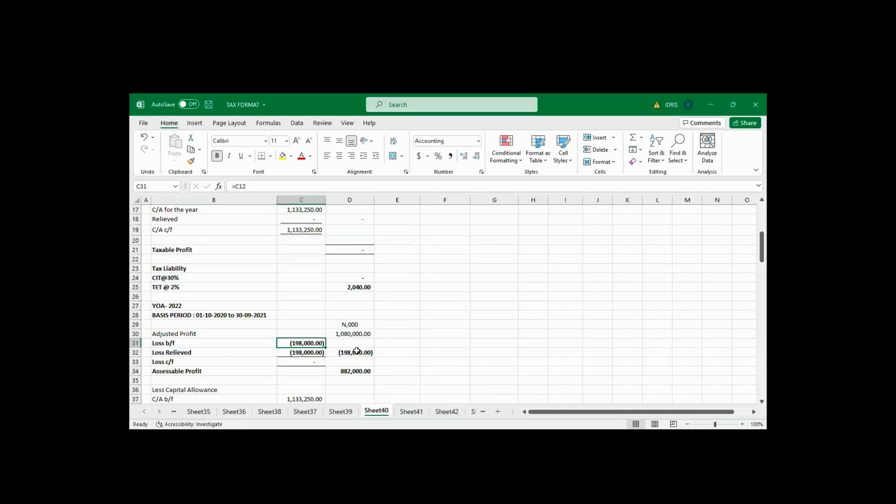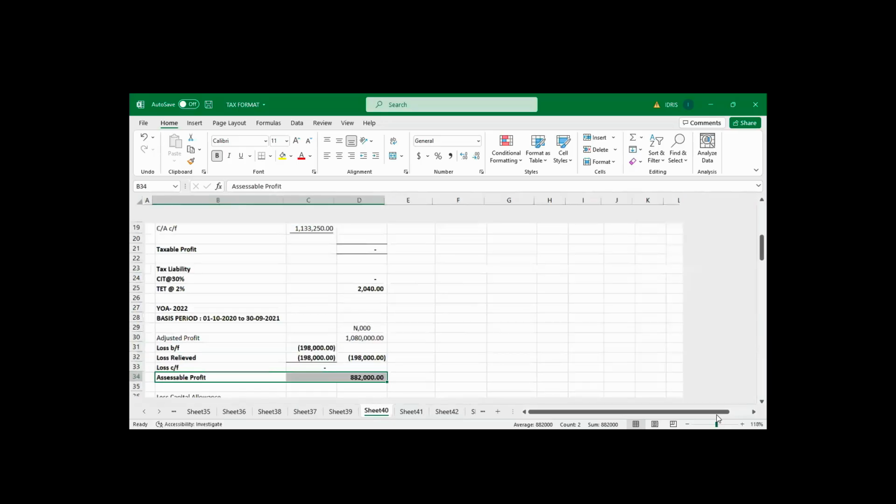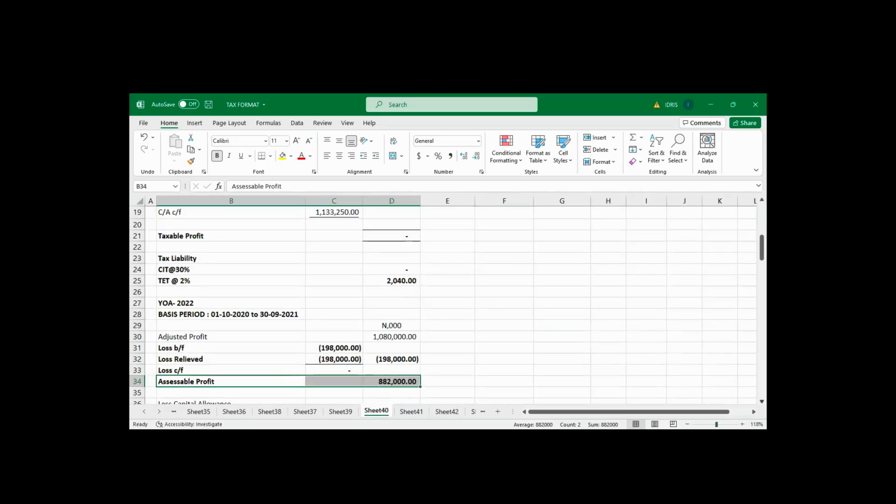After we have relieved our loss from this profit, what will be the assessable profit? The remaining profit is 882.